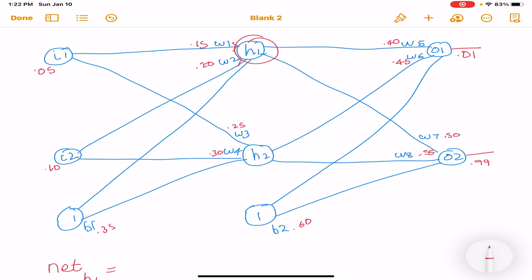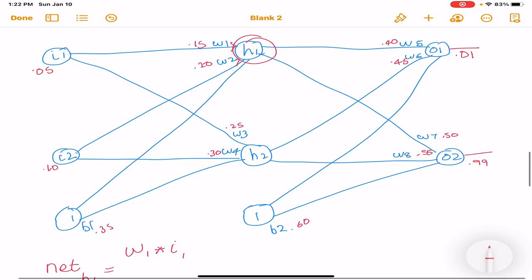So its net input NH1 is equal to W1 into I1, plus, as you might have guessed by now, W2 into I2, plus the bias that is coming to it, which is B1 into 1.